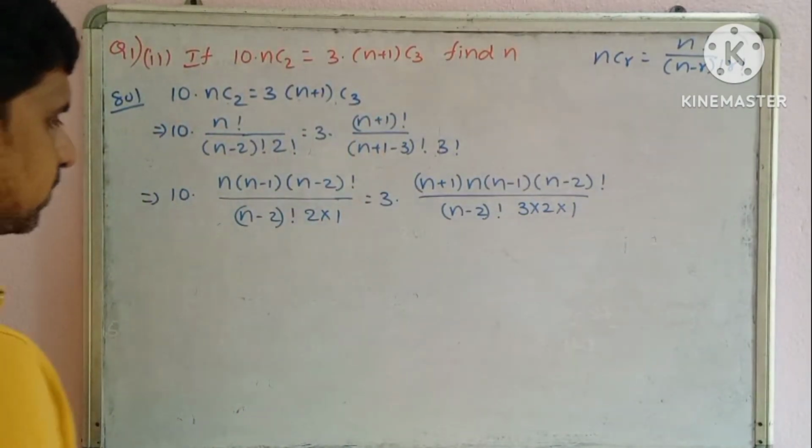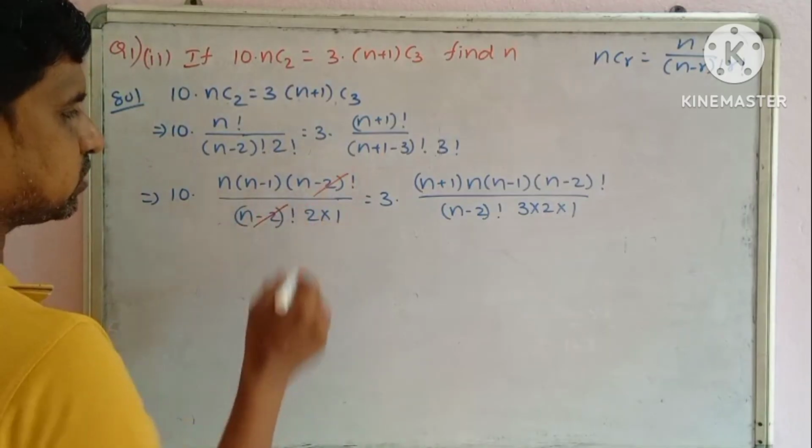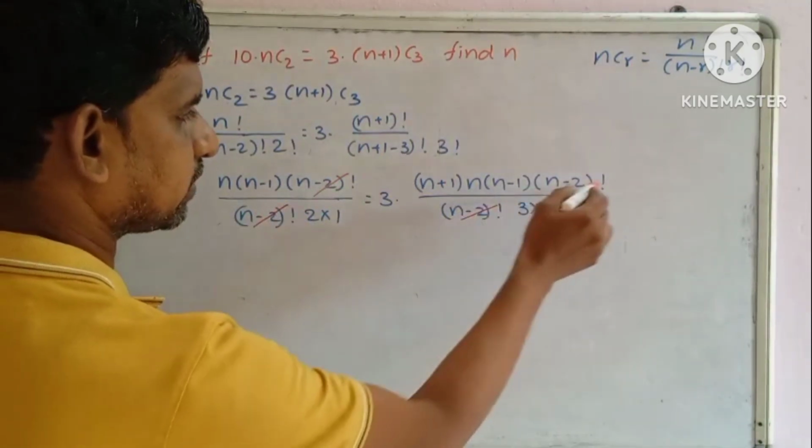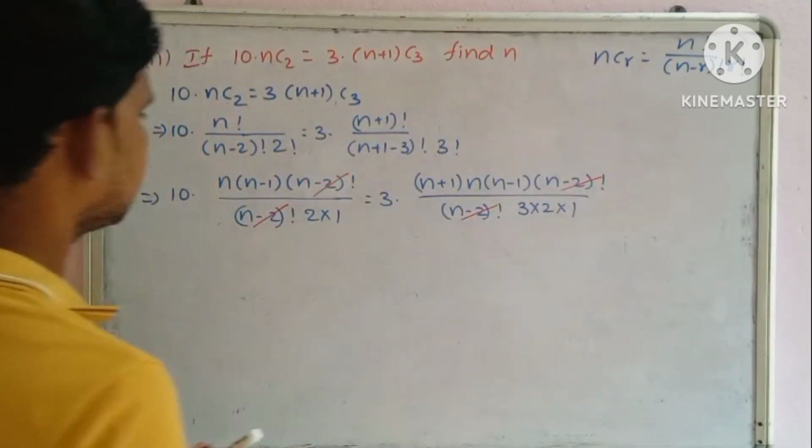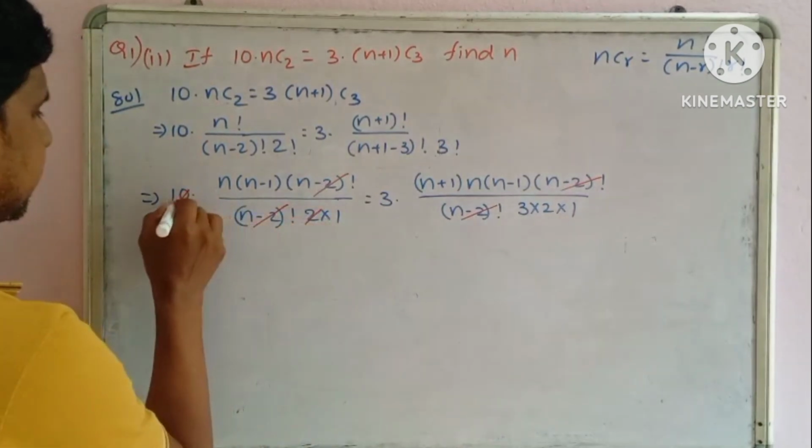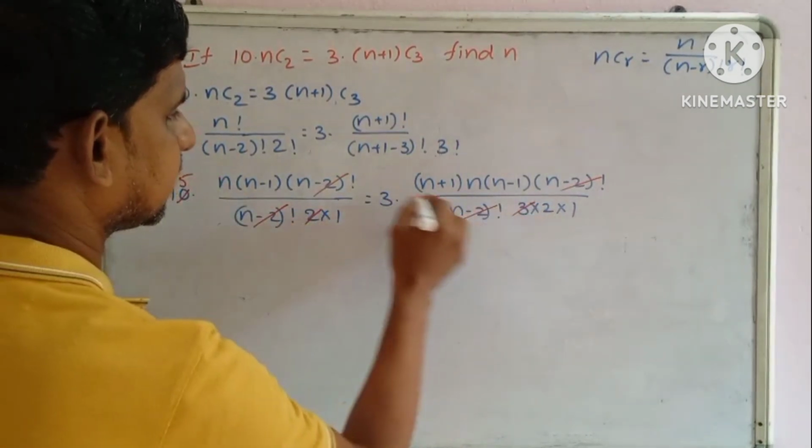The (n minus 2) factorials get cancelled, and the 3 also gets cancelled.